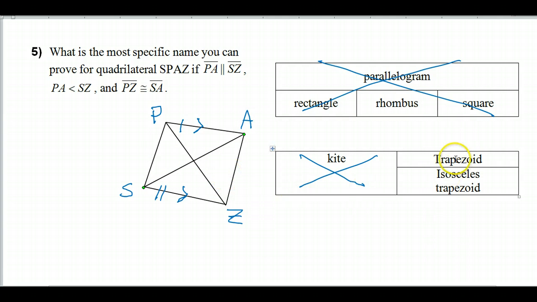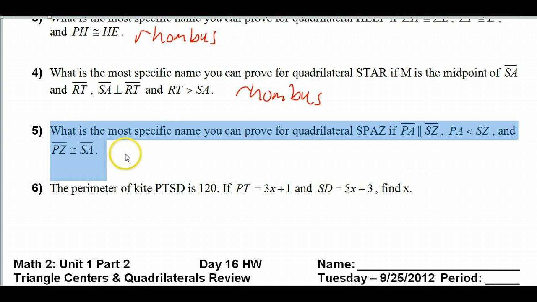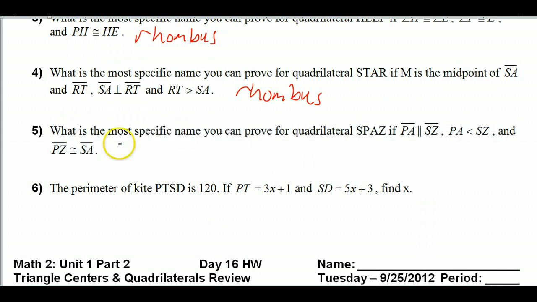Does that help us narrow it down between a trapezoid and an isosceles trapezoid? Yes, it does. Only an isosceles trapezoid will have congruent diagonals. So it must be an isosceles trapezoid. Of the remaining choices, it had to be an isosceles trapezoid. So the answer to number 5 should be isosceles trapezoid.